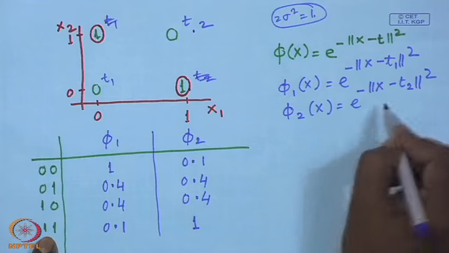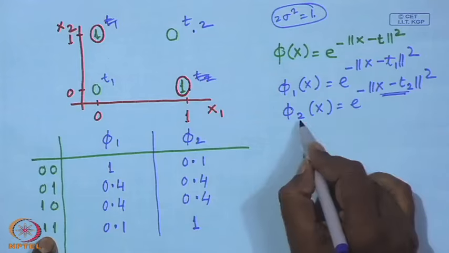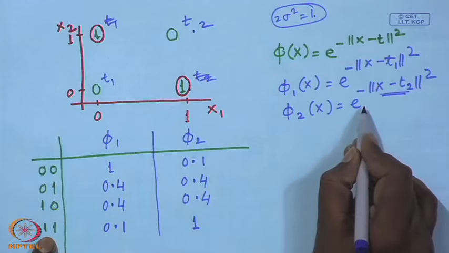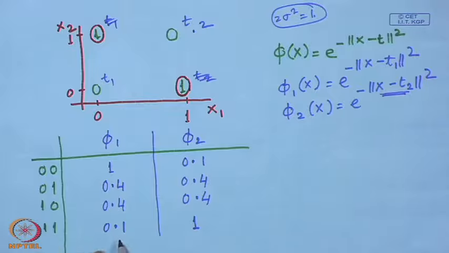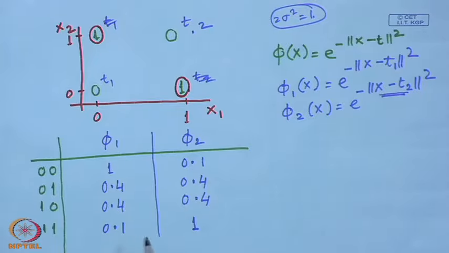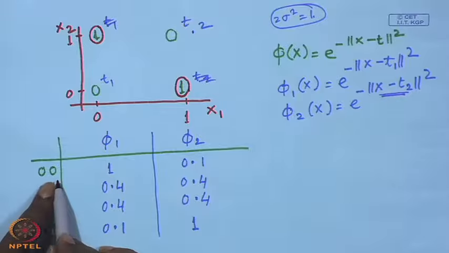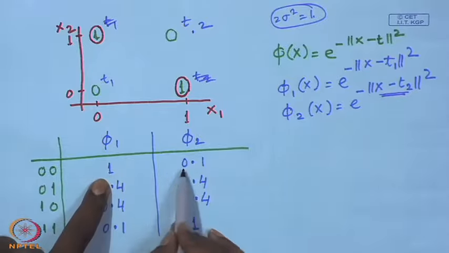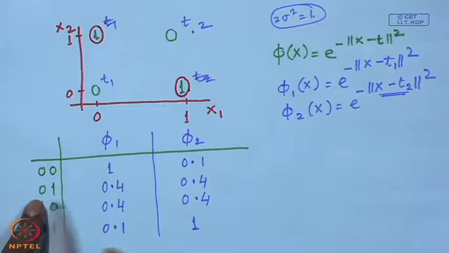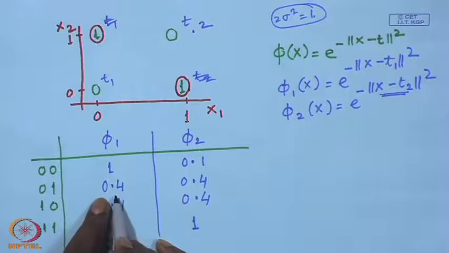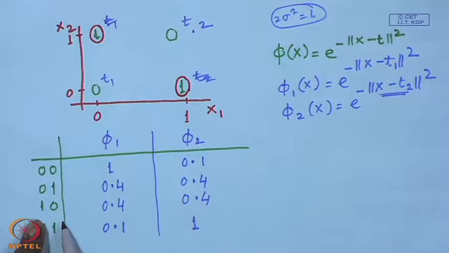So, phi 2 of x, this distance being equal to 0 now, will be equal to 1 and phi 1 of x, where this is the receptor, will be equal to 0.1. So, you find that 0 0 has been mapped to 1 0.1, 0 1 has been mapped to 0.4 0.4, 1 0 has been mapped to 0.4 0.4, 1 1 has been mapped to 0.1 1.